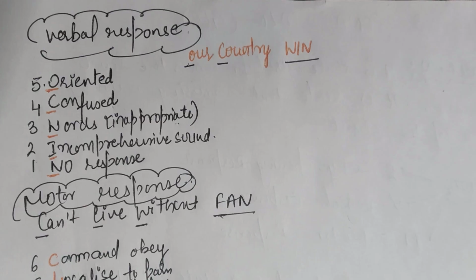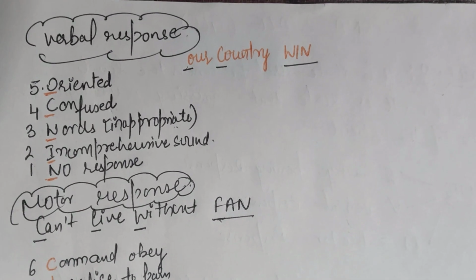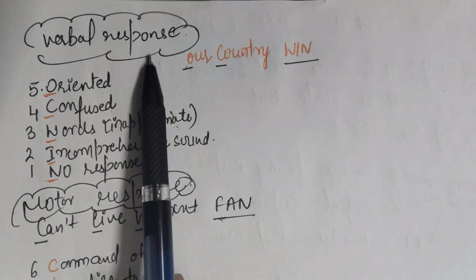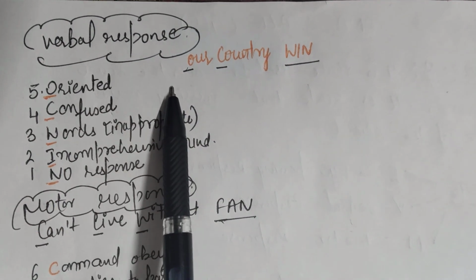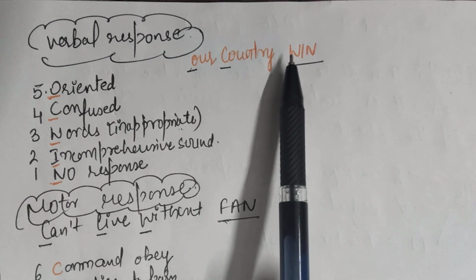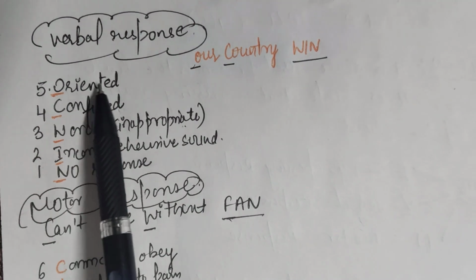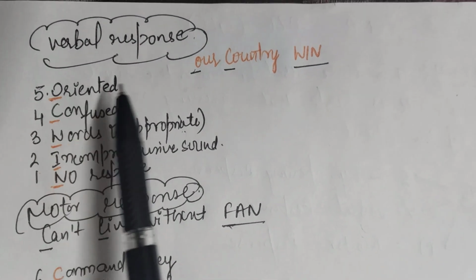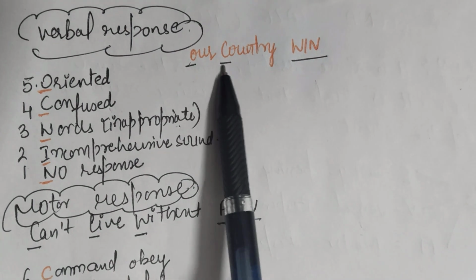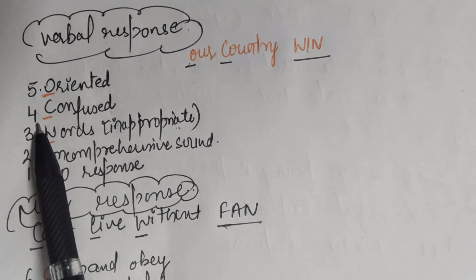Okay. So well, the second component is verbal response, and we can use the trick our country win. So O is oriented, so 5 score for that. Then country, C is confused, that is 4.